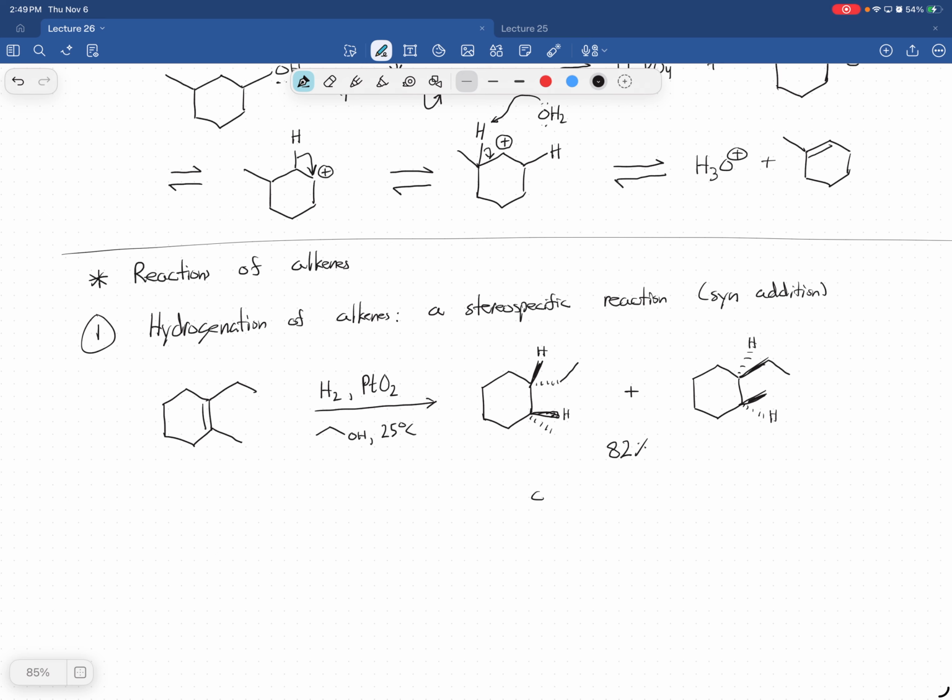So this is cis-1-ethyl-2-methylcyclohexane. And it's a racemic mixture.